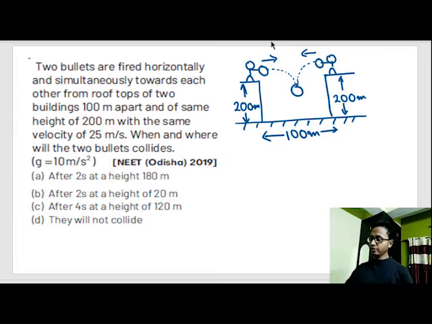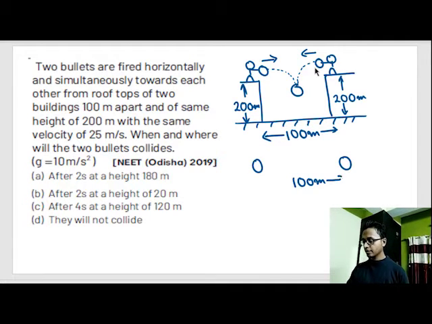So let's forget the vertical component of velocity and only focus on the horizontal component of velocity. There is no horizontal component of acceleration. So two balls separated by 100 meters, thrown at equal velocity, whatever that velocity may be.